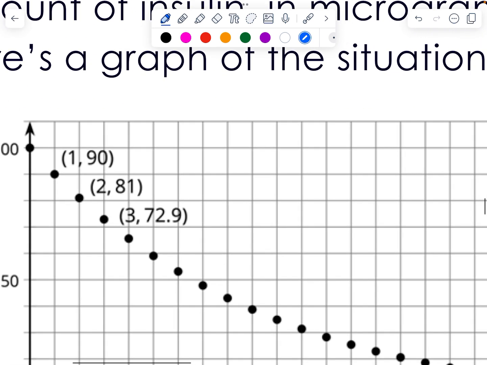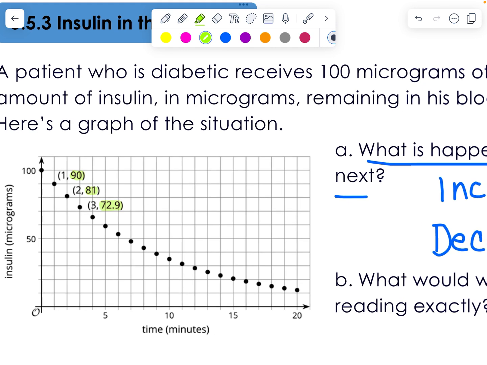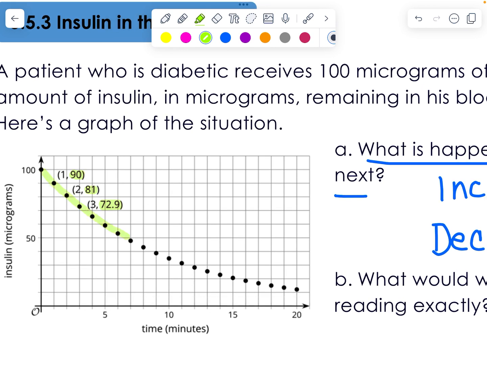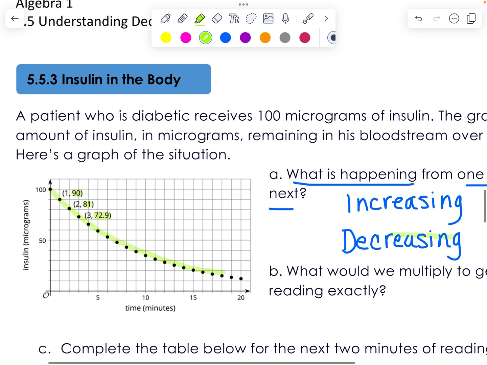So if you look at our numbers, we go from 90, I'm going to highlight them instead, sorry. 90, 81, 72.9. So we are going down. So we are decreasing.